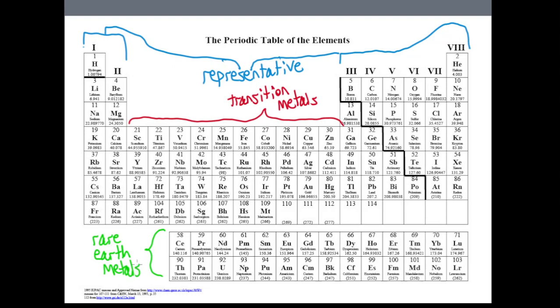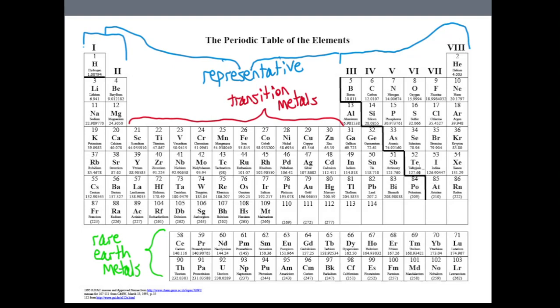Okay, now we can distinguish elements as metal and non-metals based on this black line that goes under hydrogen, between hydrogen and lithium, and then it stair steps down: boron, aluminum, silicon, germanium, arsenic, antimony, tellurium, polonium, and astatine.